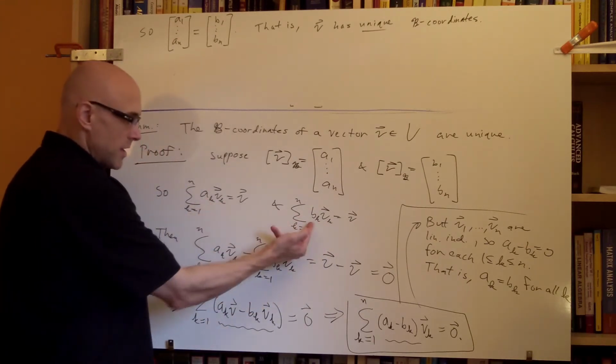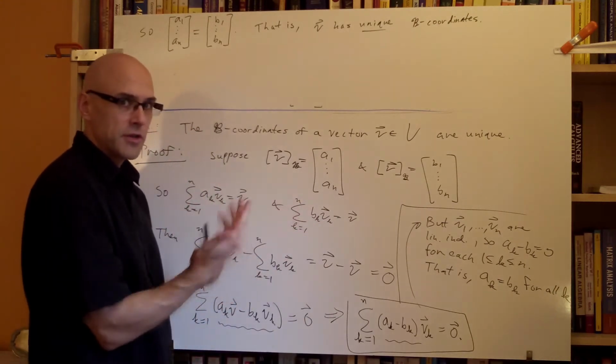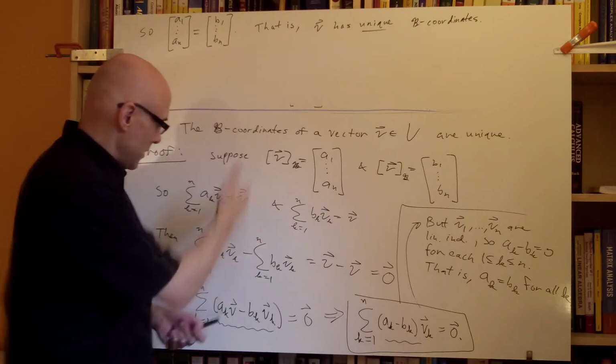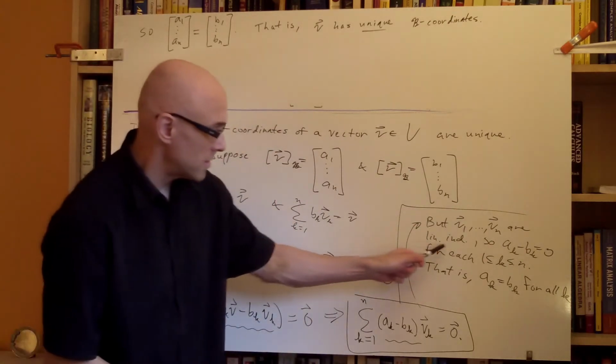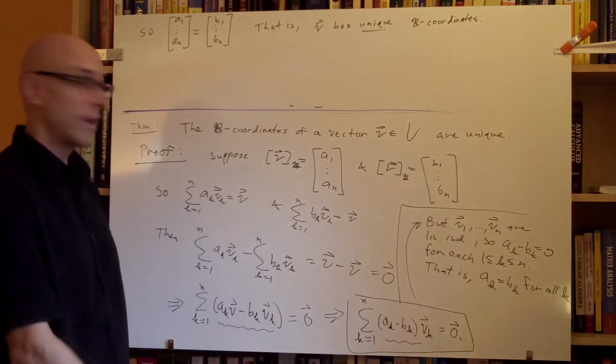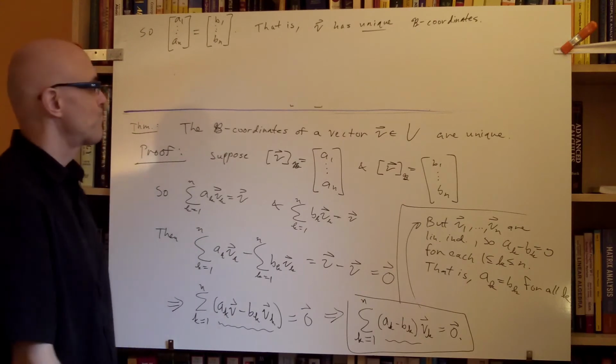The aks here and the bks here are not, at least on the surface, seen to be the same. You have to do a little argument here, which is what we did, using linear independence to finally argue that in fact the aks and bks are all the same.